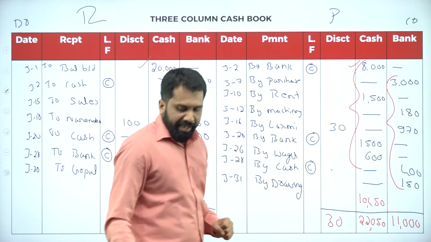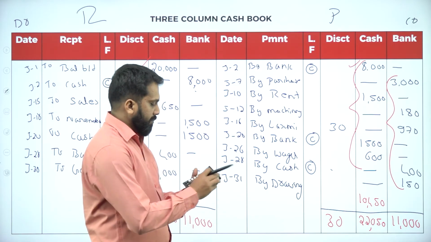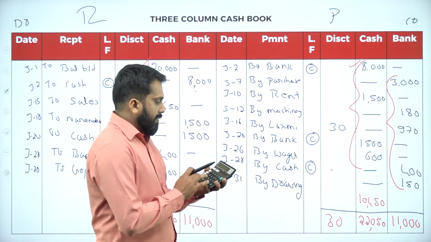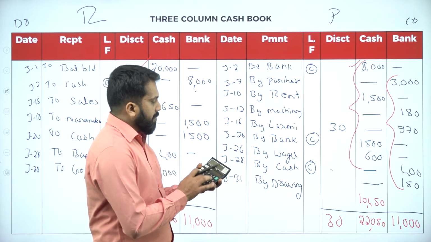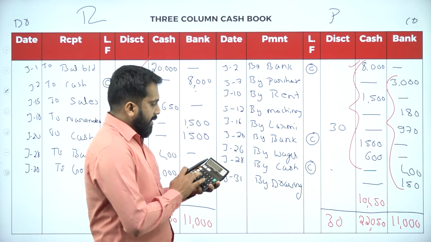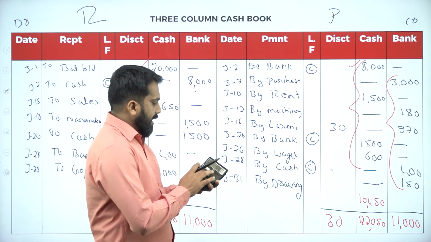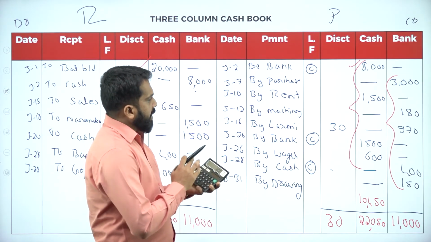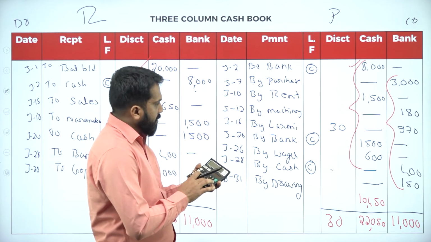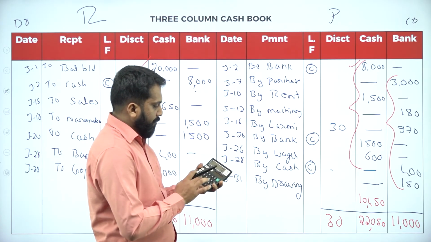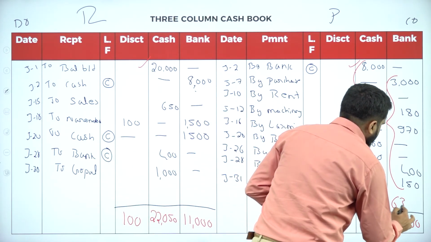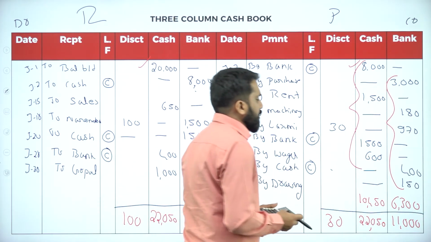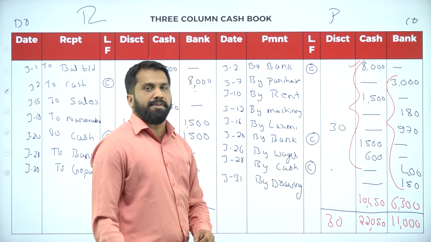We should minus everything. 11,000 minus 3,000 minus 180 minus 970 minus 400 minus 150. Your final answer is 6,300. So very simple. From the total you are supposed to deduct.